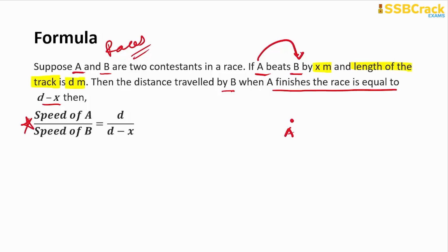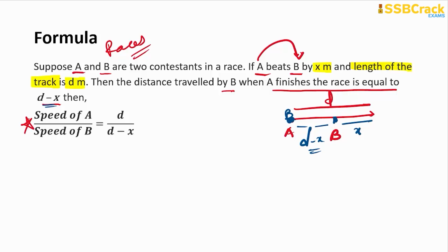See, A is ahead of B, and the complete length is covered by person A. But B is at this position only, so he lags behind by a distance of x. So B has covered the distance from the starting point to his position, because they started from the same point where A was. Can you understand? So this distance is d minus x.